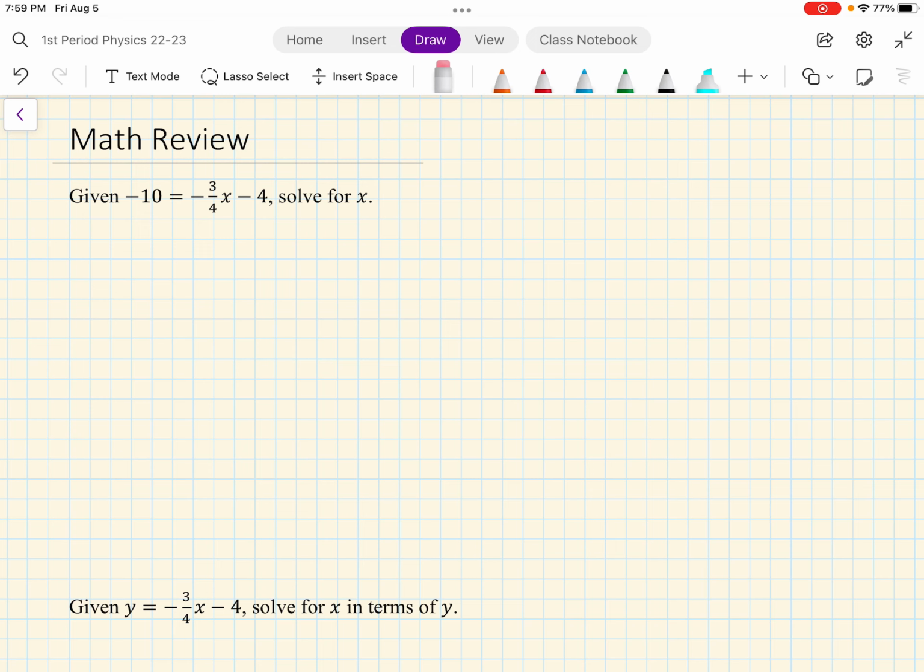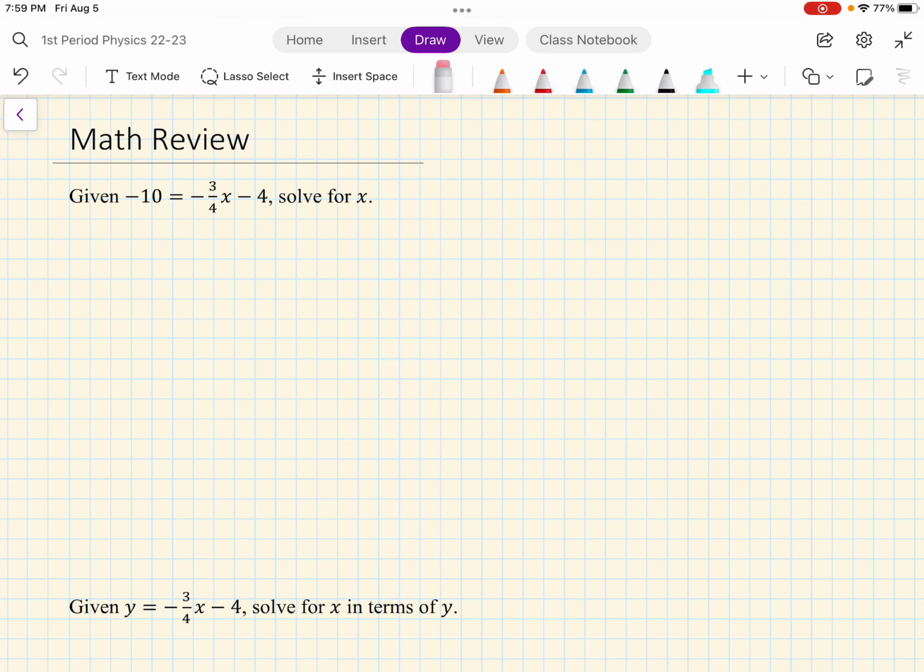This will cover some of the skills we'll use throughout this class, and it should be simple for most of you. I want to start with a very traditional math equation. We'll start with this one, right?